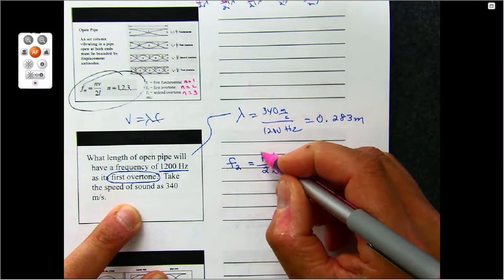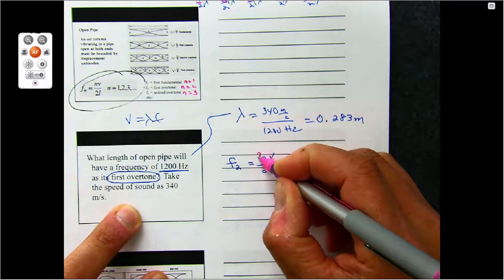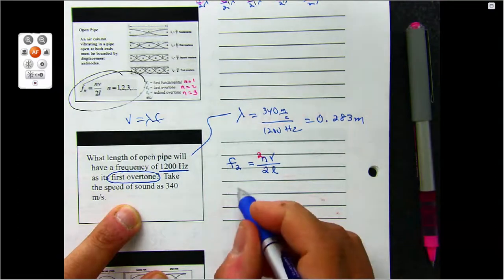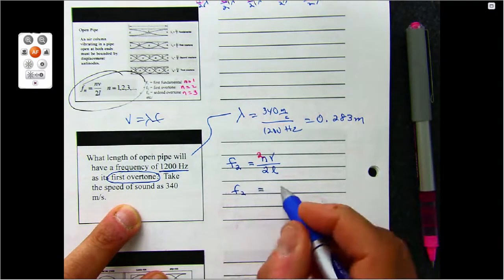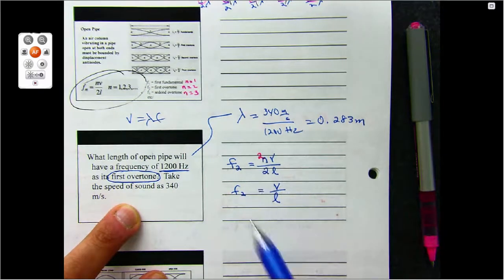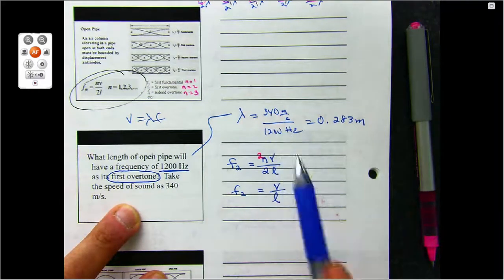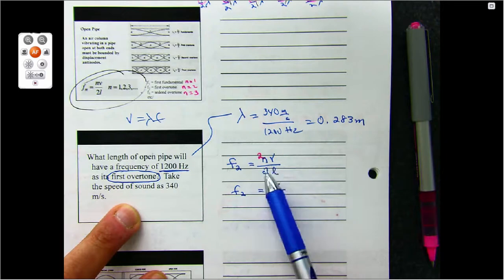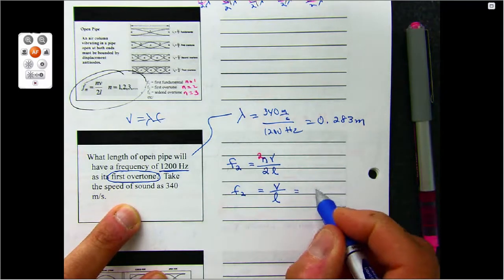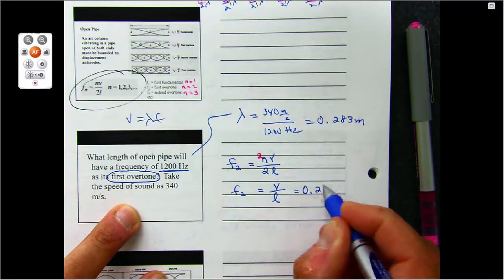But n equals 2 right here, correct? So f_2 is equal to V over L, and we're going to have the same thing I got up there. I'd cancel out my 2's, so I'd end up with the same answer, 0.283.